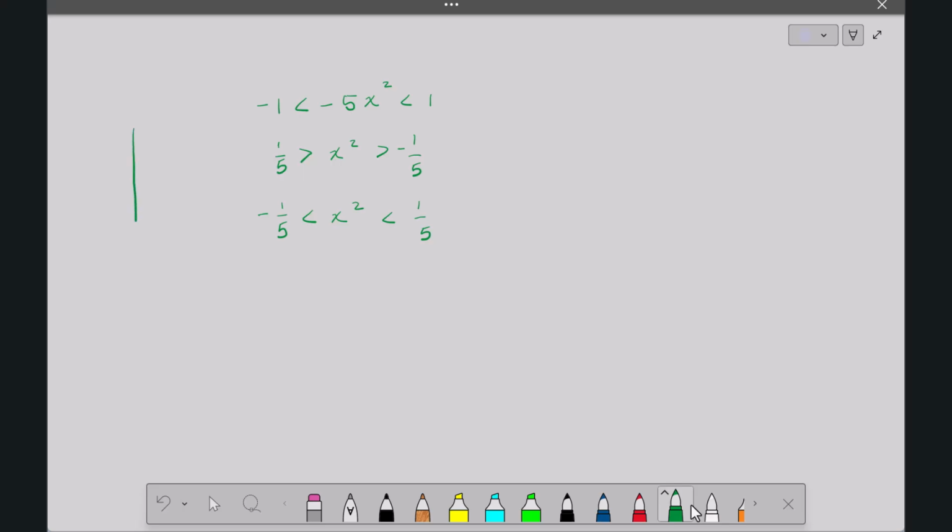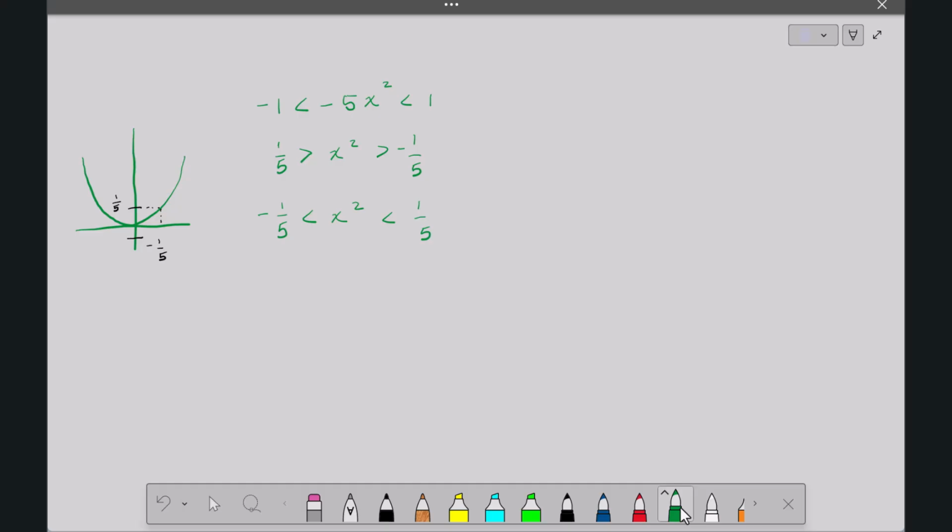We could say, we want to know what x's generate y values between negative 1/5 and 1/5. And you can see that the x's that correspond will be the square root of 1/5 and then minus the square root of 1/5.